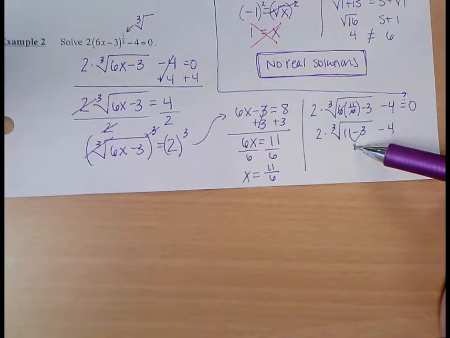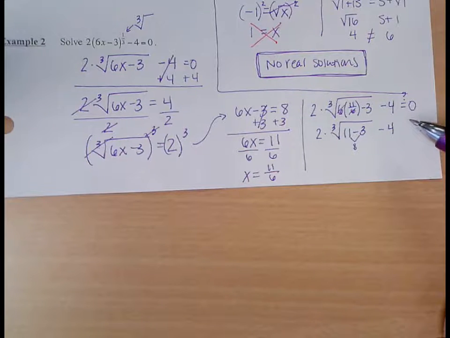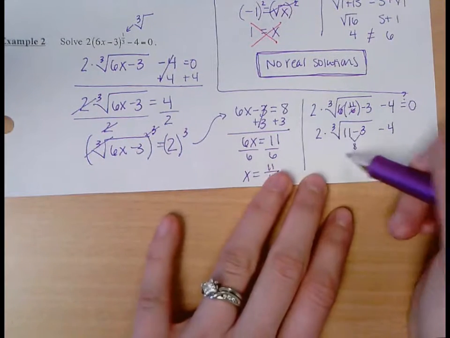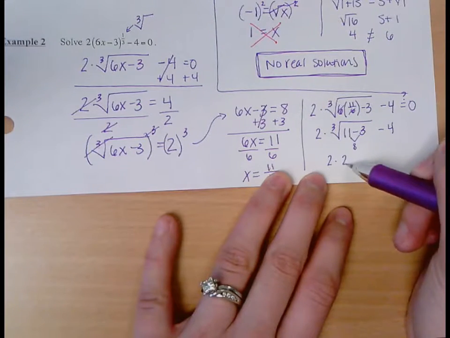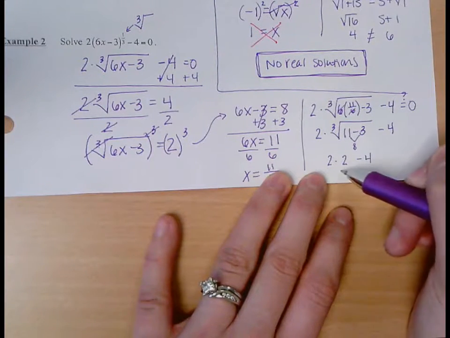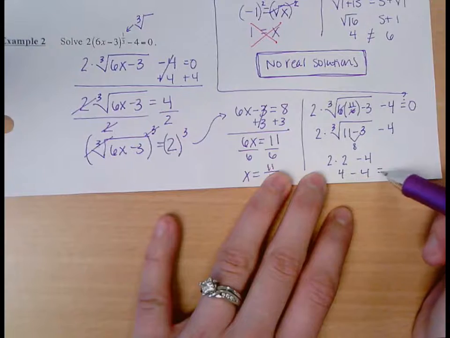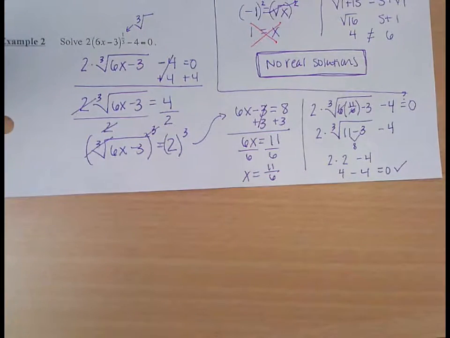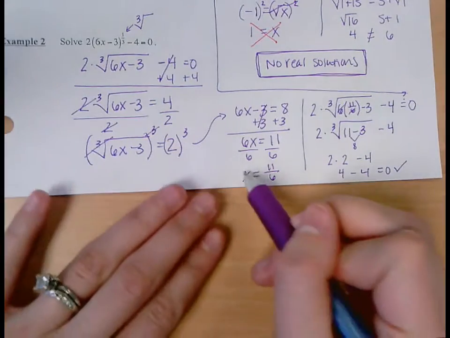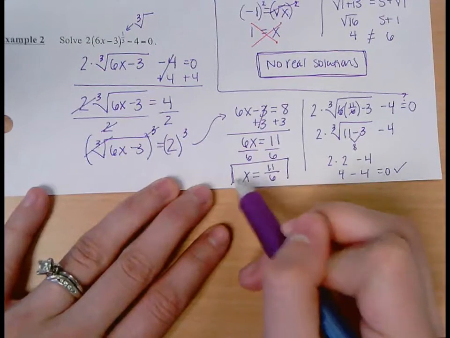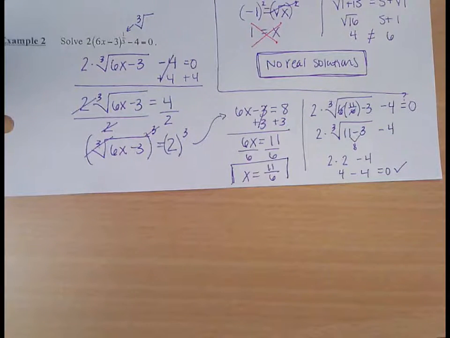What's the cube root of 8? Cube root of 8 is 2. So this is 2 times 2 minus 4, which is 4 minus 4, which does equal 0. So it does check out. So 11 over 6 is the solution to that equation.